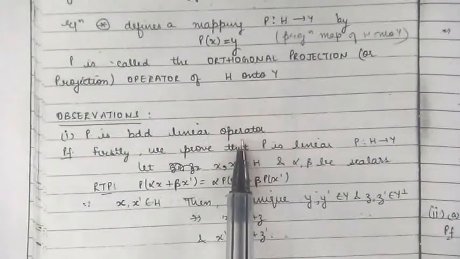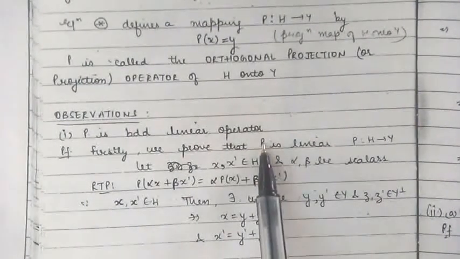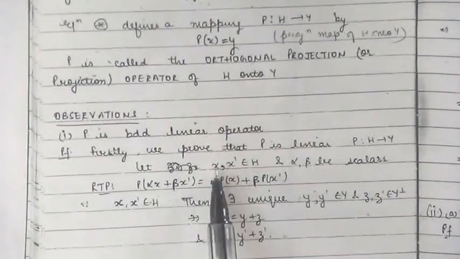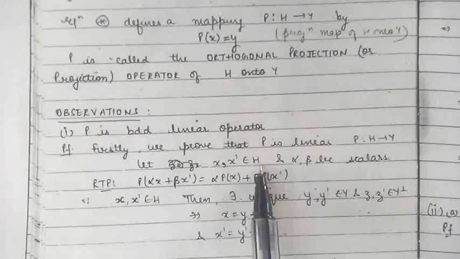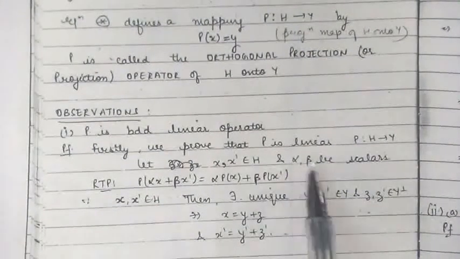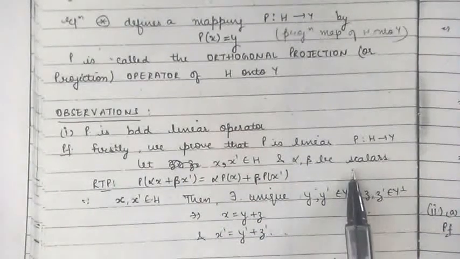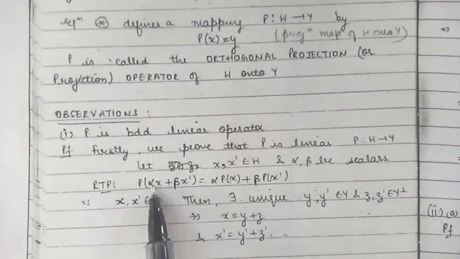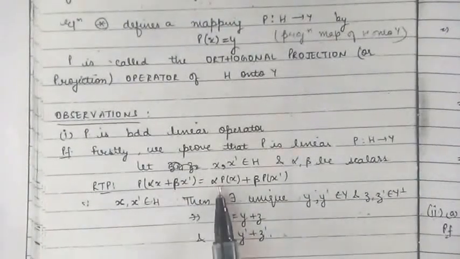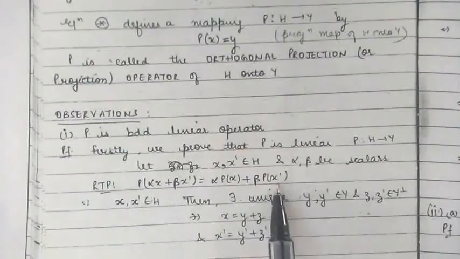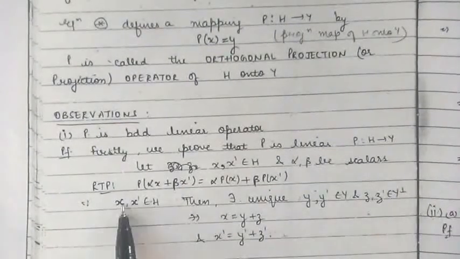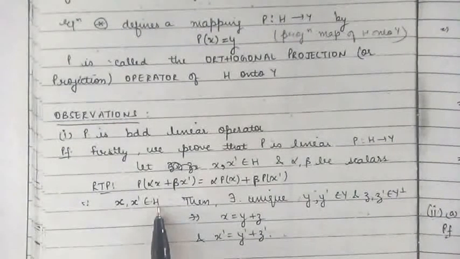In order to prove it, first of all we will prove that P is a linear operator. Let us take two elements x and x dash from the Hilbert space H, and two scalars alpha and beta. By the definition of a linear operator, we are to prove that P of alpha x plus beta x dash is equal to alpha into the image of x plus beta into the image of x dash under P. Because x and x dash belong to the Hilbert space H, we can again use the projection theorem.